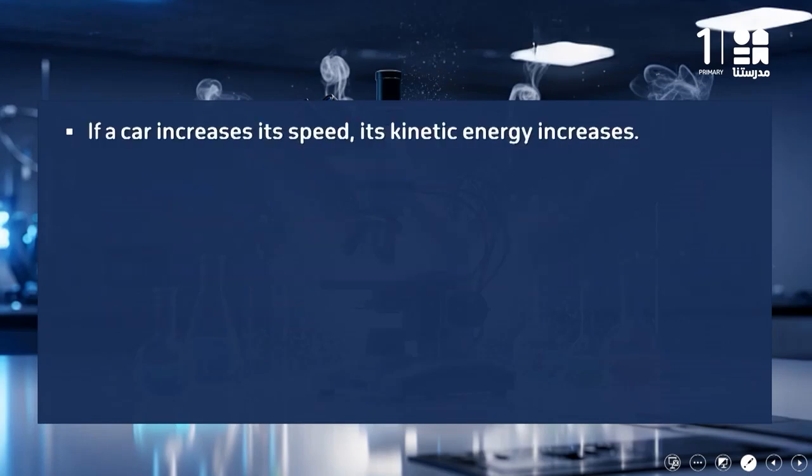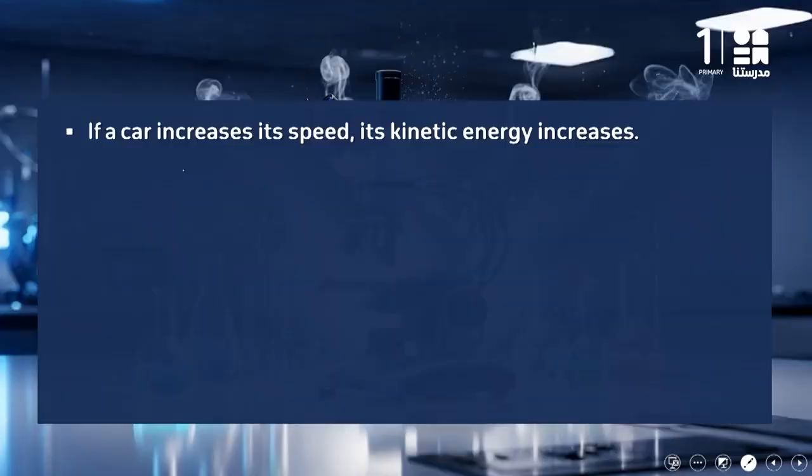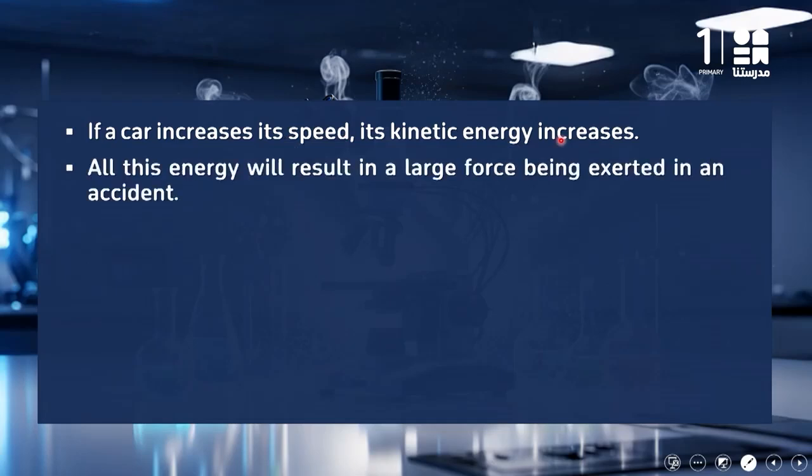So, if the car increases its speed, the kinetic energy will increase. Again, there is a directly proportional relation between the speed and the kinetic energy. All this energy will result in a large force being exerted in an accident.